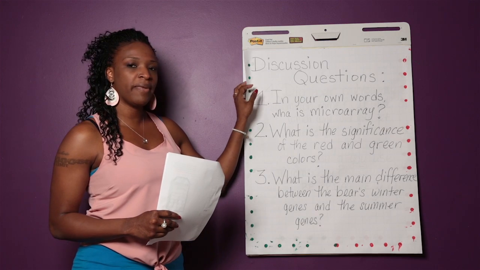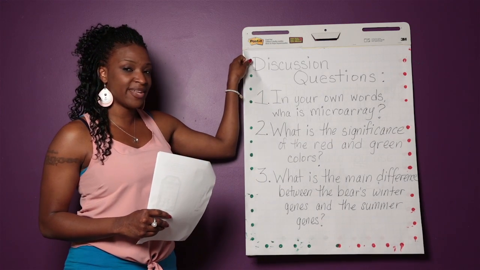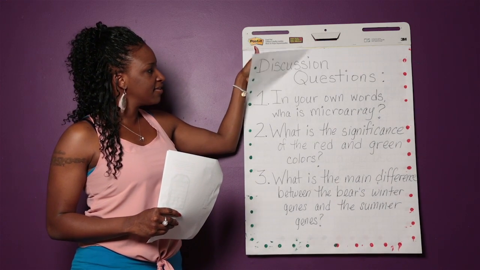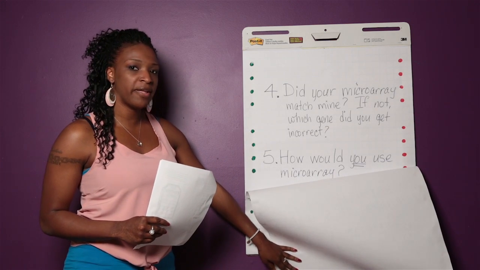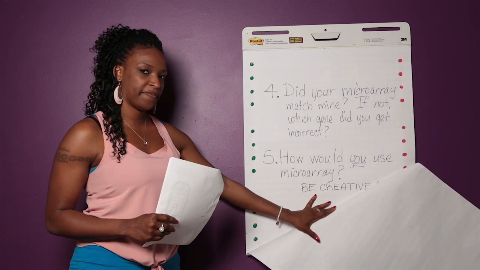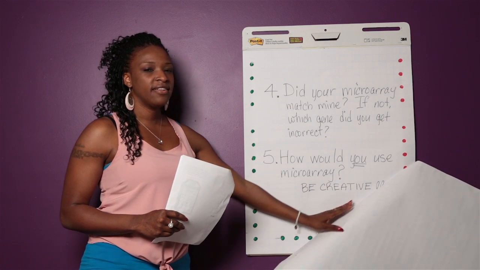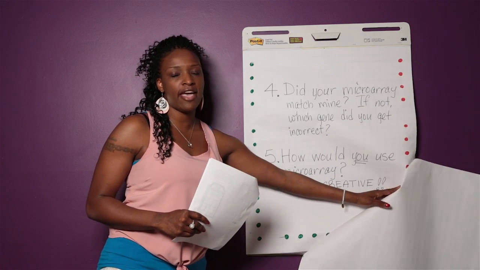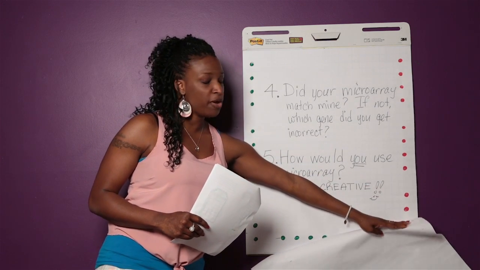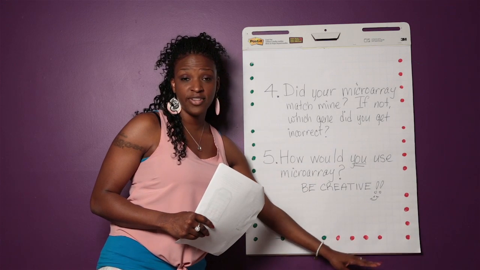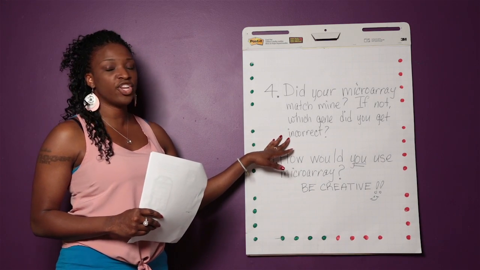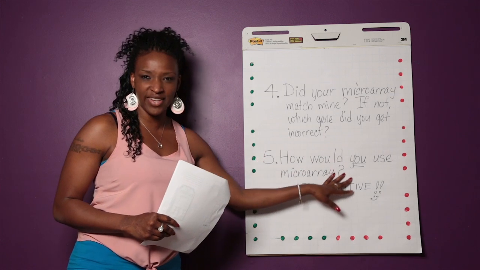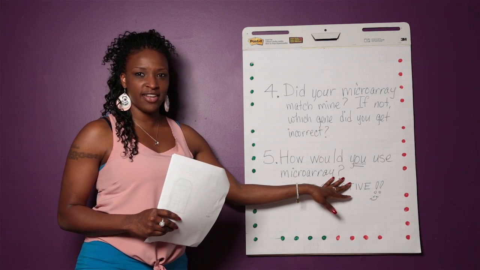What assumptions can we make based on our microarray results? Number 4, did your microarray match my microarray? If not, give a brief description of the genes that you thought were upregulated or downregulated, and they turned out to be downregulated or upregulated under your conditions.